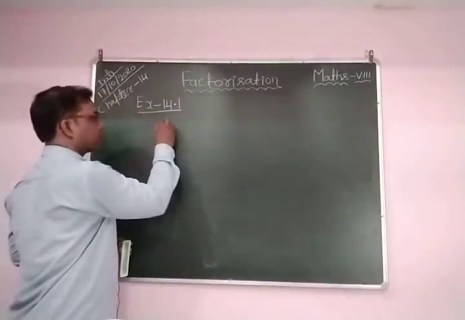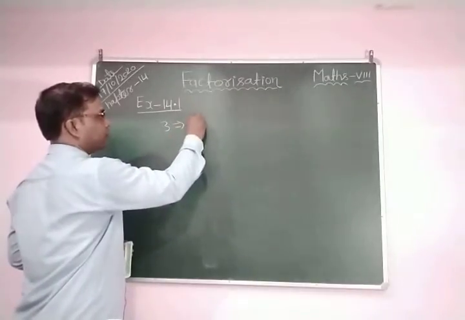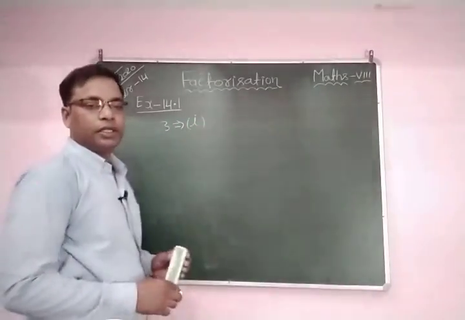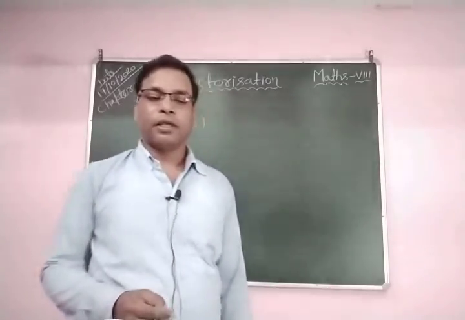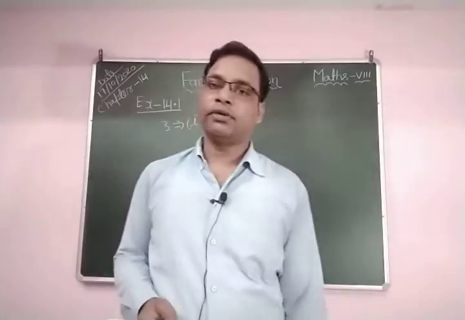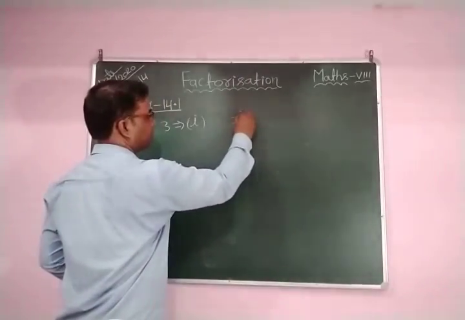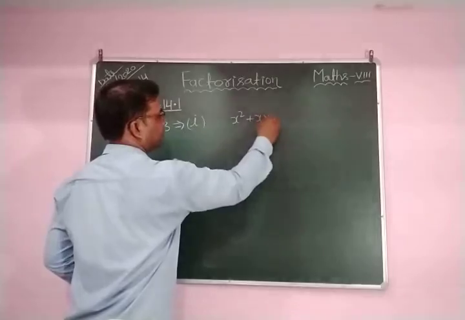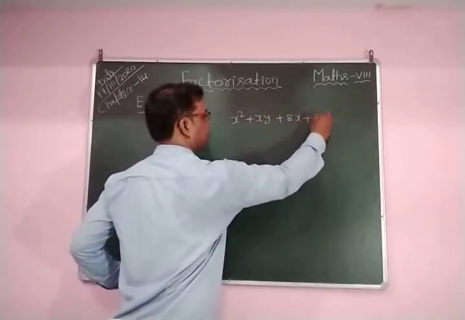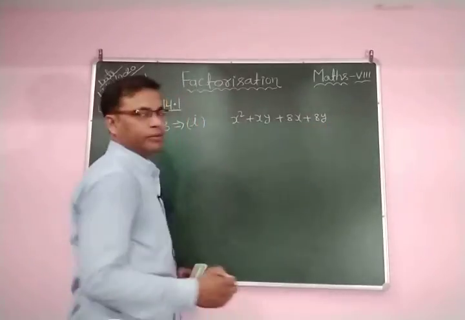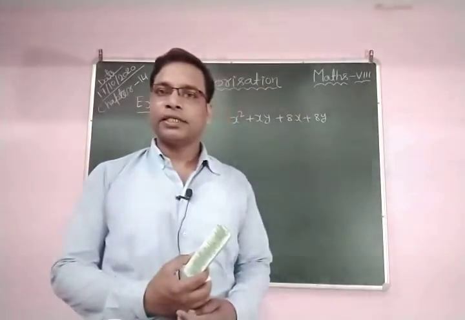Question number 3, first part. This is given here: x square plus xy plus 8x plus 8y. Okay, now how to factorize this?